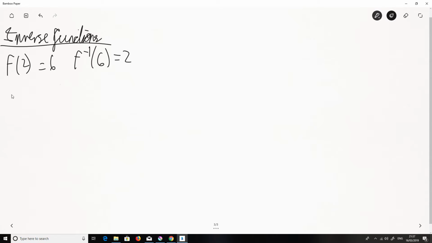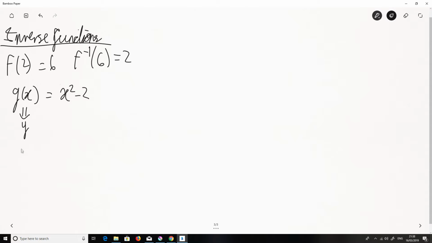So if we take the function from before, g of x is equal to x squared minus 2. The way we take an inverse function is we set whatever our function is, we'll call that y. Or if you've got a function in terms of y instead of x, then just call it something else. It just has to be a variable that we've not used already.